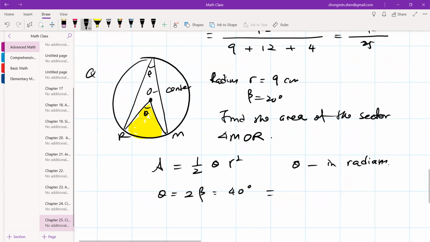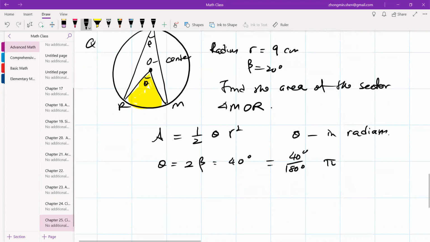So 180 degrees is equivalent to pi. So this should be divided by 180 degrees times pi, right? Then you simplify it, step by step. 40 over 180 is 4 over 18, which is 2 over 9, okay?